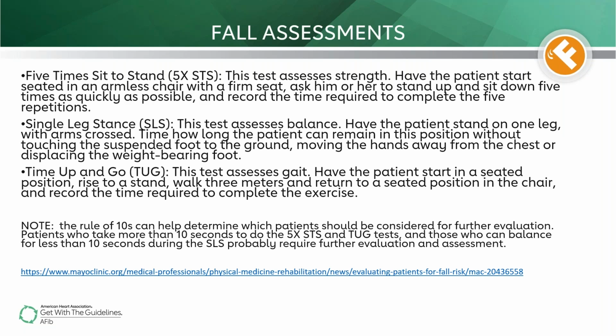There's the rule of tens that can determine which patients should be considered for further evaluation. Patients who take more than 10 seconds to do the 5 times STS and TUG test, and those who can balance for less than 10 seconds during the SLS probably require some further evaluation and assessment.